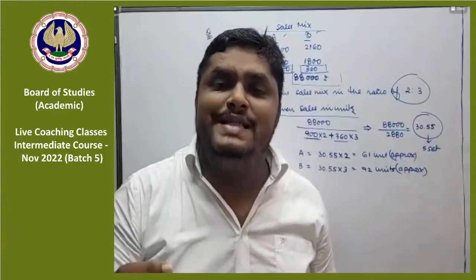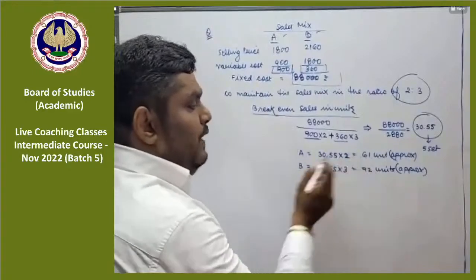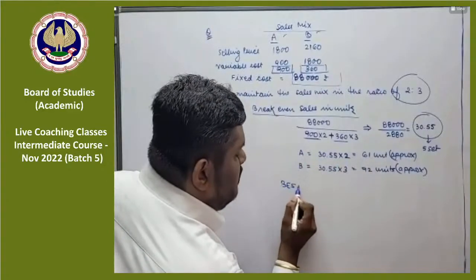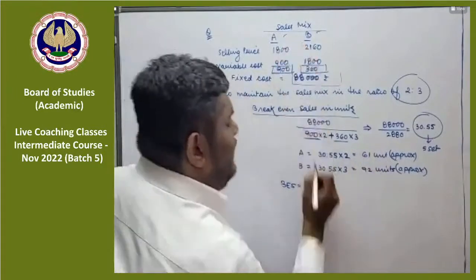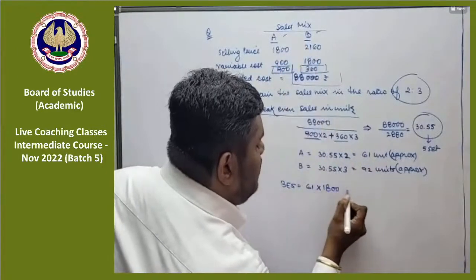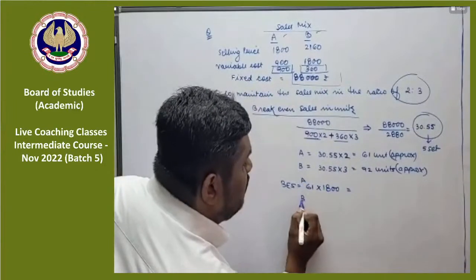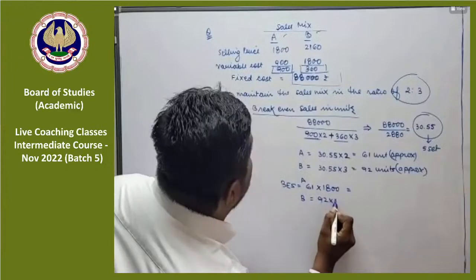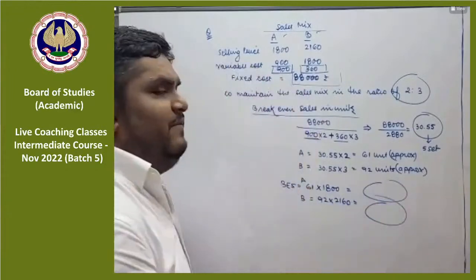Since the answer is in decimals, we have written approx. If we want to calculate the break-even sales in rupees, very simple, we can calculate it directly. 61 into 1800, my selling price, we will get the final answer. As far as for B, 92 into 2160 will get the same answer as we have calculated in the previous question.